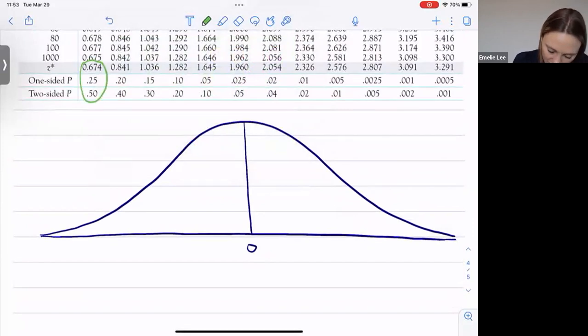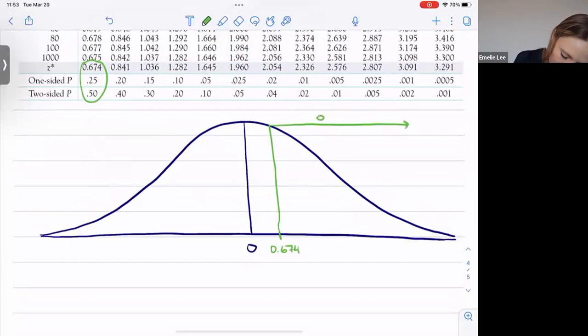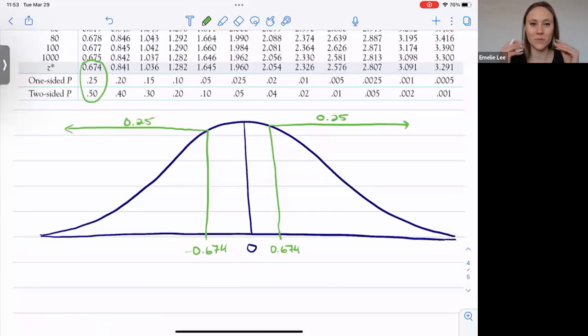And what it says is that at 0.674, the area in the tail here is 0.25. And if I look at negative 0.674, which is on this side, by symmetry the area in this tail is also 0.25, which means both tails add up to 0.5.